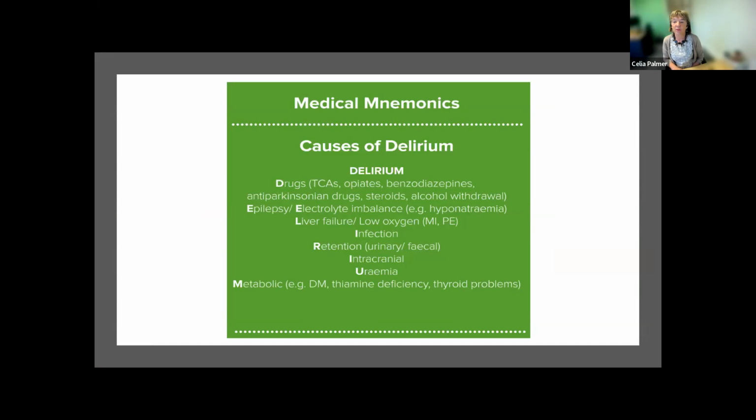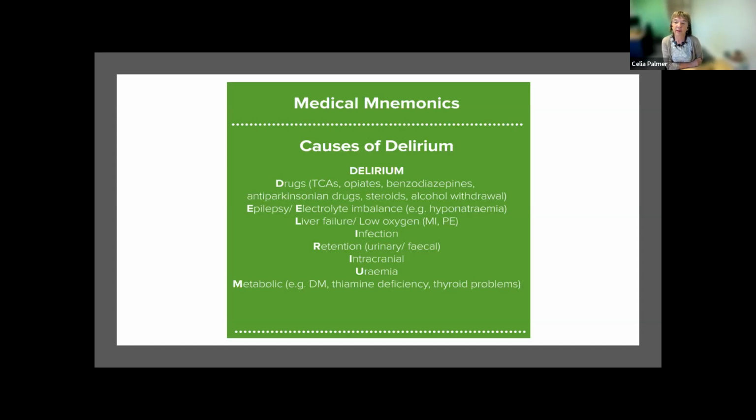So they're the ones that we often see. For the GPs amongst you, it might be more the anti-Parkinsonian drugs or TCAs that you're using. Secondly, and there's some poetic license here, they use 2 E's, so epilepsy or electrolyte imbalance. Probably the most commonly we see is low sodium or high calcium causing delirium.